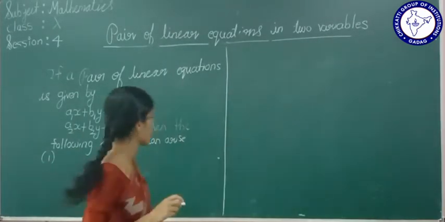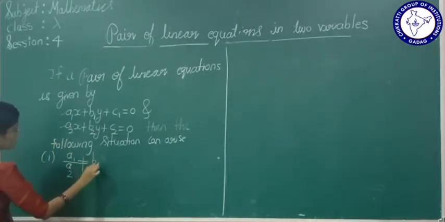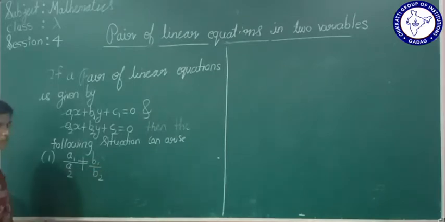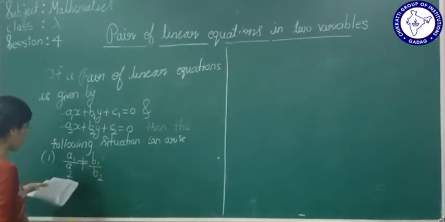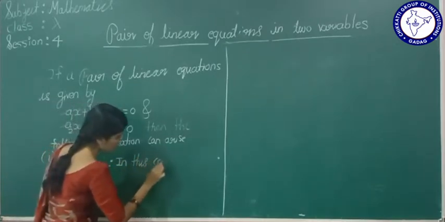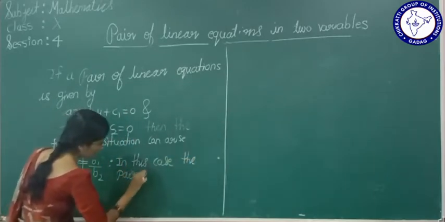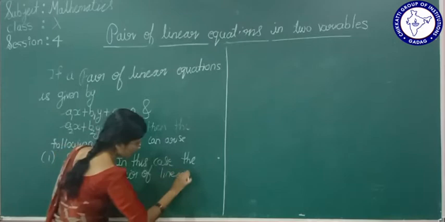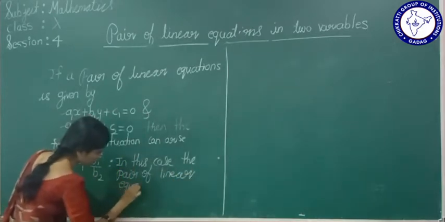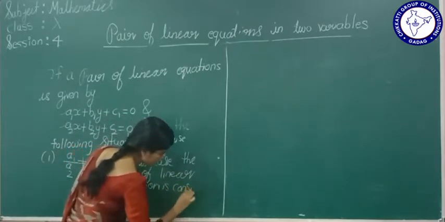So the first one is, if a1 by a2 is not equal to b1 by b2, in this case the pair of linear equations is consistent.